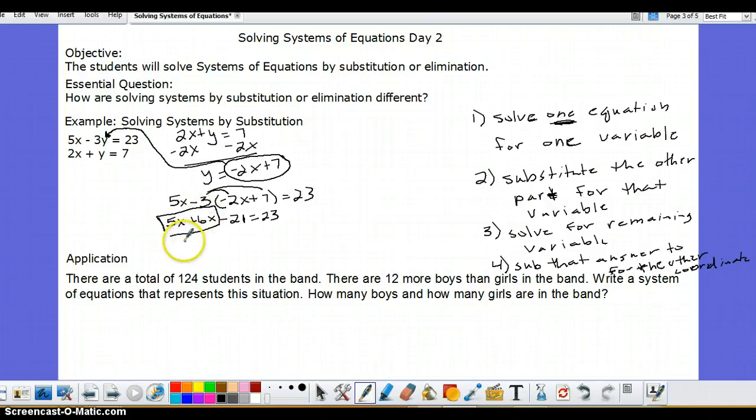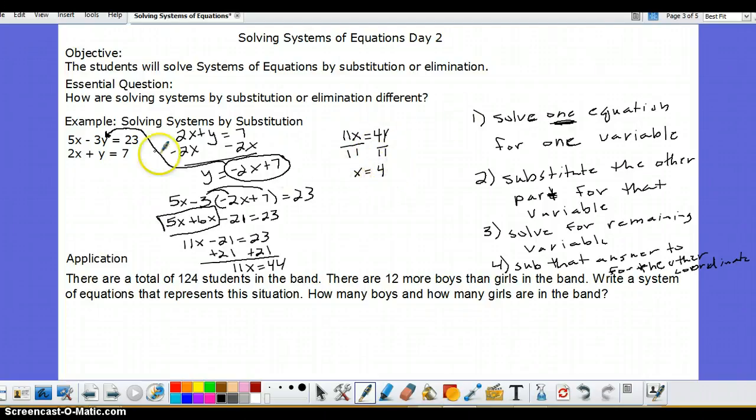So 5 plus 6 is 11x minus 21 equals 23. Add 21 to both sides. We get 11x equals 44. Divide by 11. And so x for this solution must be 4.